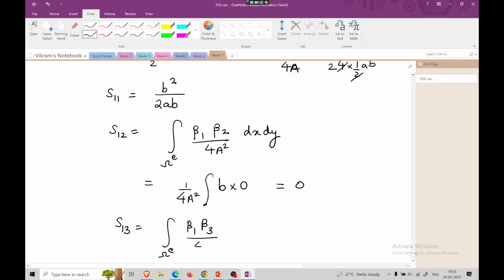Beta 2 the whole square dx dy. So beta 2 is again 0, so this will be 0, correct? What is S23? This will also be 0, right? Because beta 2 is 0.